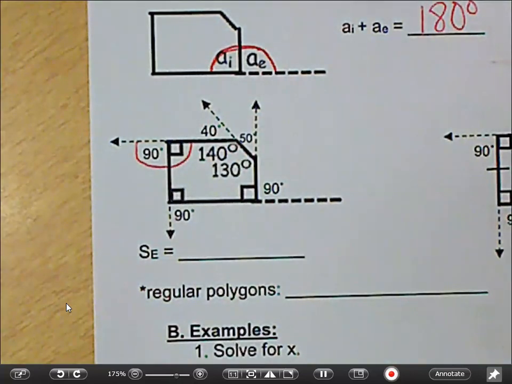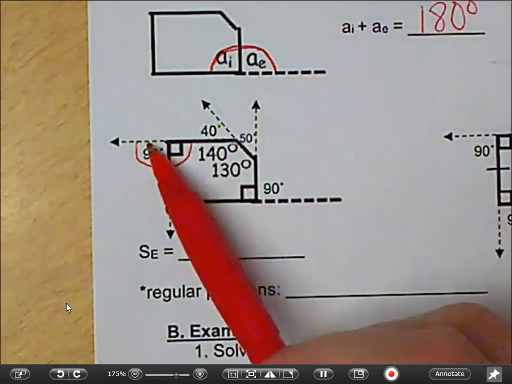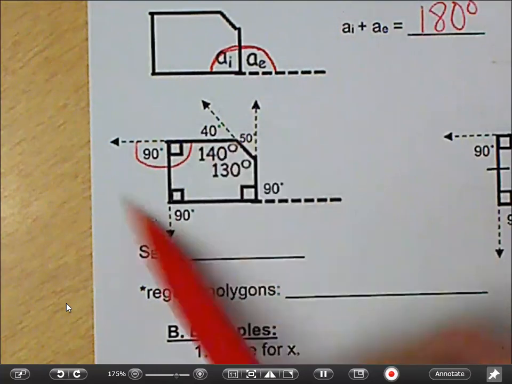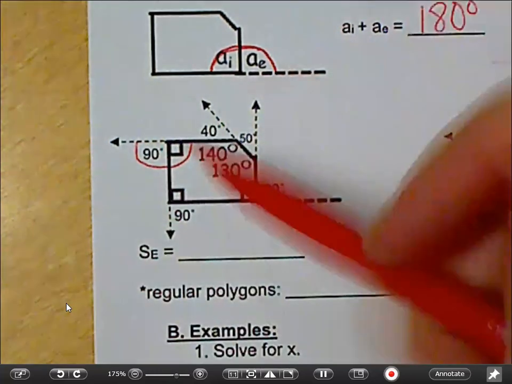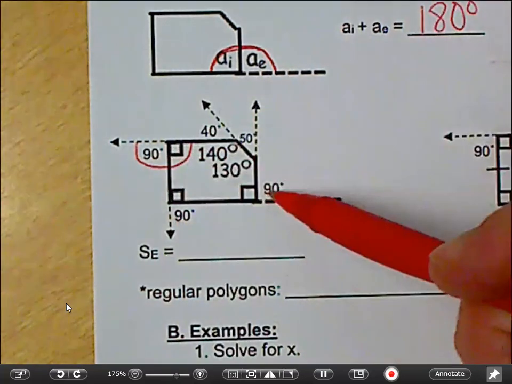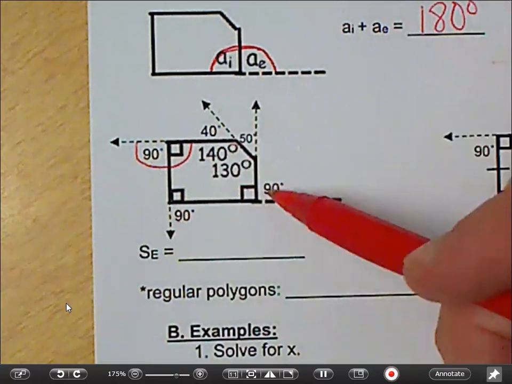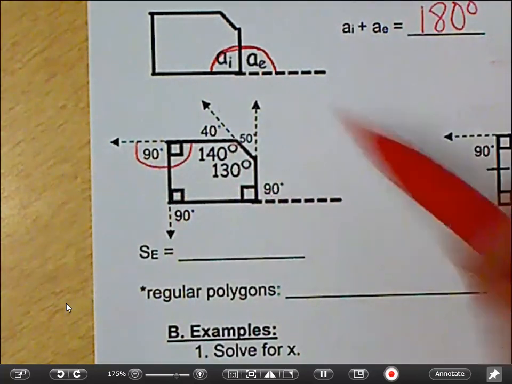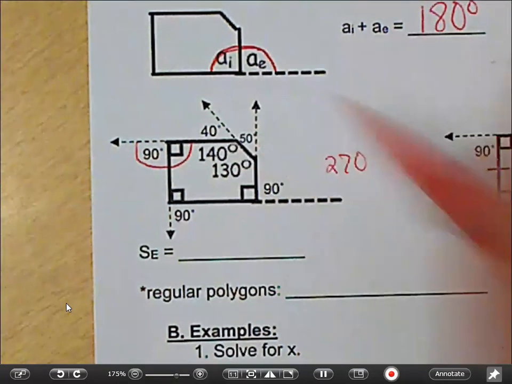There. What they also want you to take away from that is if you go around the outside, look at what all the measures of the exterior angles are. You've got 90, 90, 90, and then you've got 50 and 40. 90 plus 90 plus 90, that gives you 270. And then 40 and 50 gives you another 90.